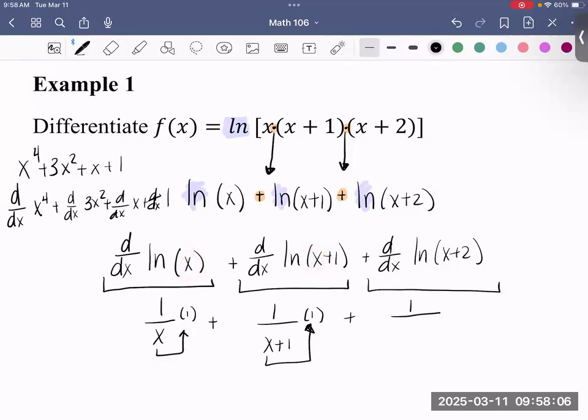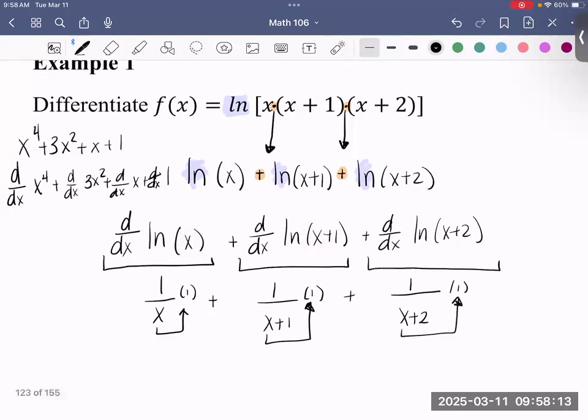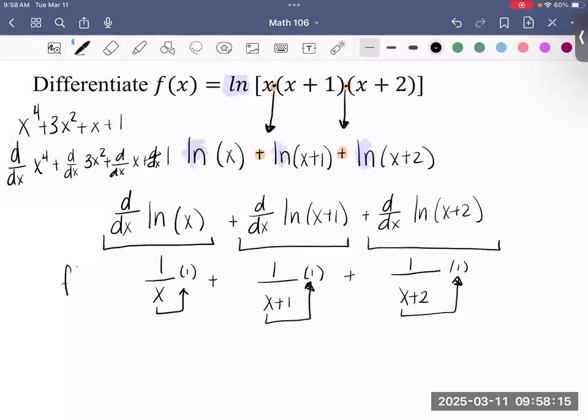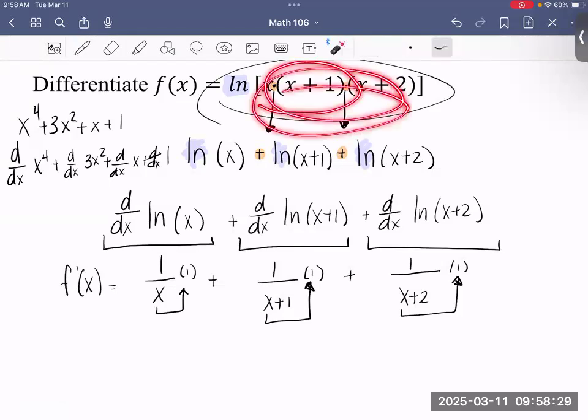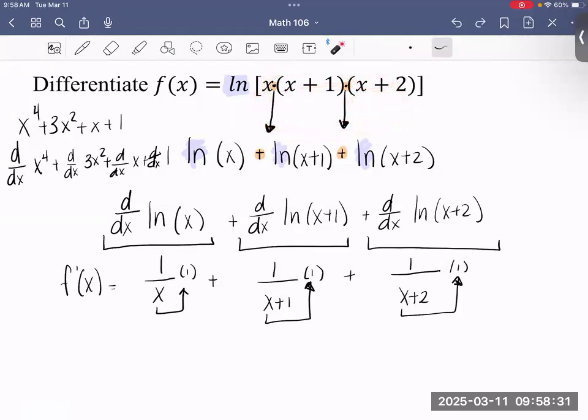Plus 1 over x plus 2, chain rule it, times 1. So this is the derivative of this whole thing. It helps us avoid the chain rule and then having to do the product rule with 3 separate derivatives along with the other counterpart. So your final answer is this.